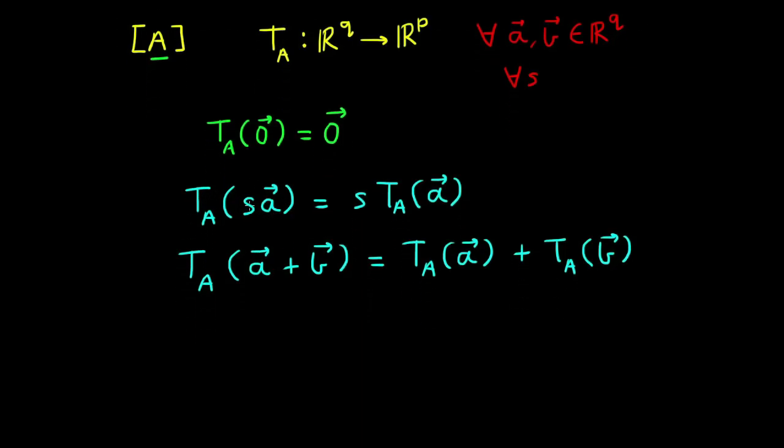Using these linearity properties, we see that a matrix transformation maps linear combinations of vectors in RQ.